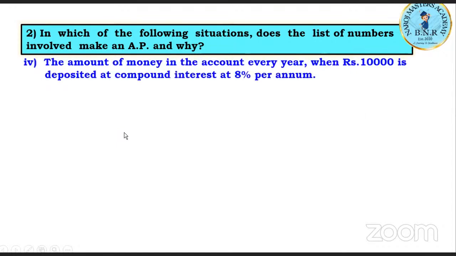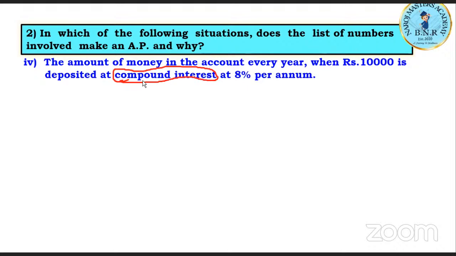Now can you say about this? Always remember, whenever there is compound interest, it will never form an AP series. Why? Because in compound interest, every year the interest value will increase. As the interest value is increasing, we will not get a constant common difference.